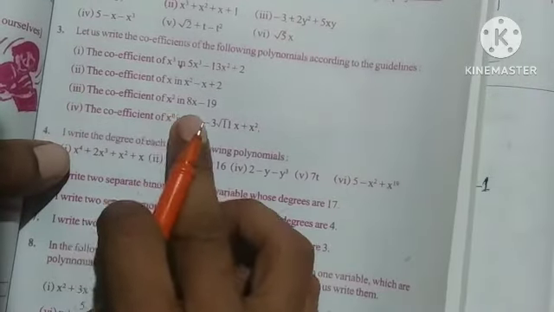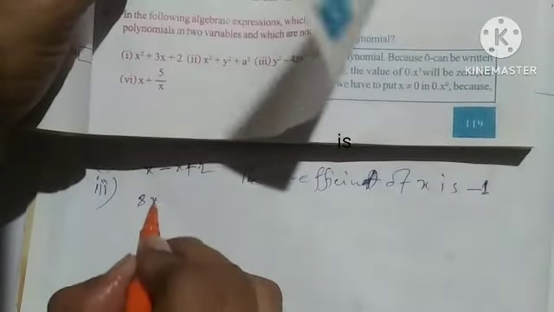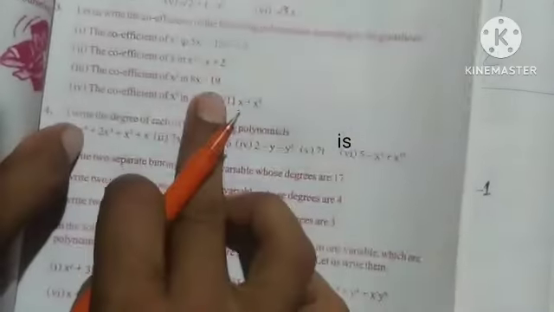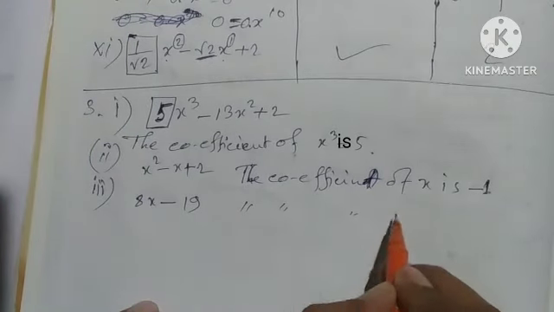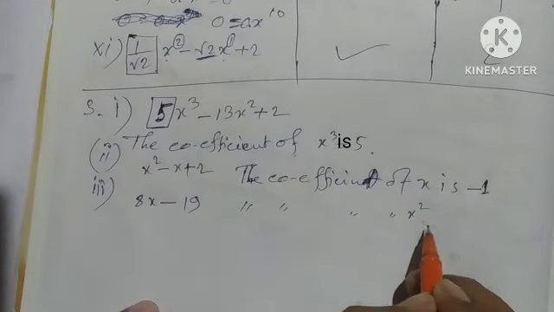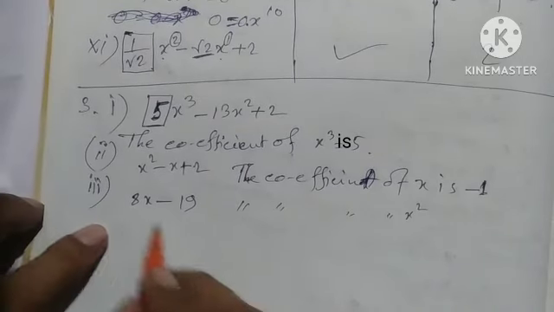And the coefficient of x square in 8x minus 19. The x square term does not exist in this polynomial.